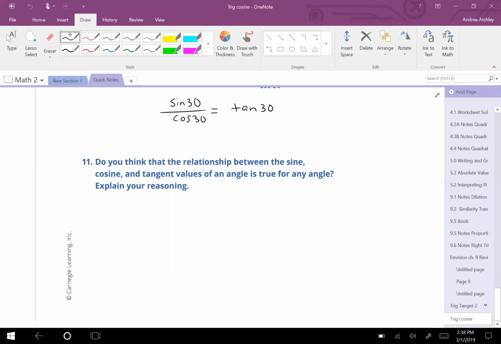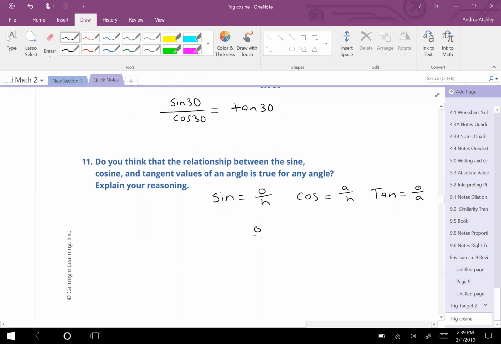We can prove this is true because sine equals opposite over hypotenuse. Cosine equals adjacent over hypotenuse. And tangent equals opposite over adjacent.